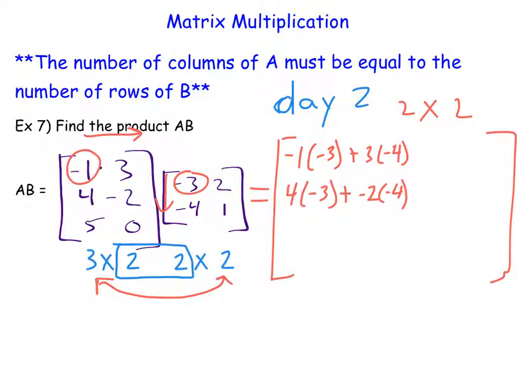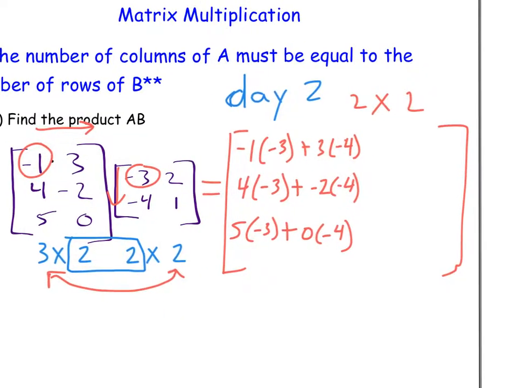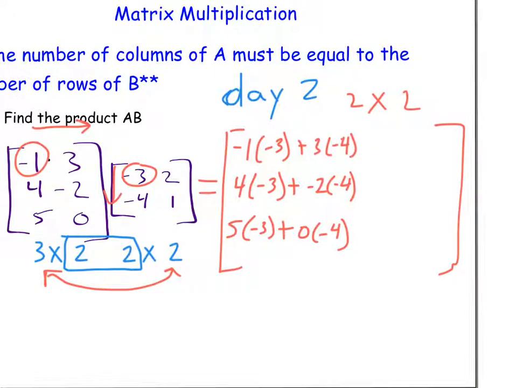So now I have 5 times -3 plus 0 times -4. Now, obviously, a little bit of number crunching to do there, but we would have our first column when it's all said and done.